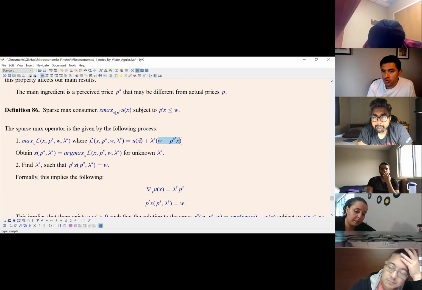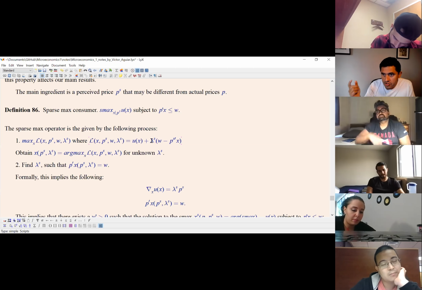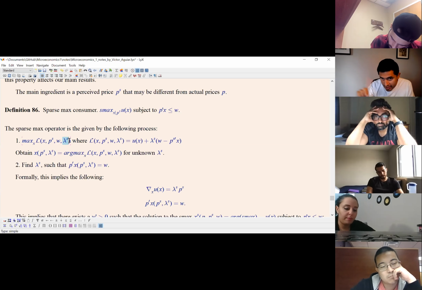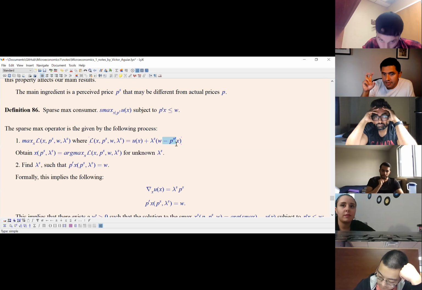And it maps to utility numbers. But this is not a Lagrangian anymore because this budget is fake. It only lives in your mind, okay? So mathematically, what I'm going to tell you is that lambda here is just a constant. So right now it's not a variable, it's a constant, okay? Got it? And here the budget, of course, has the fake price.